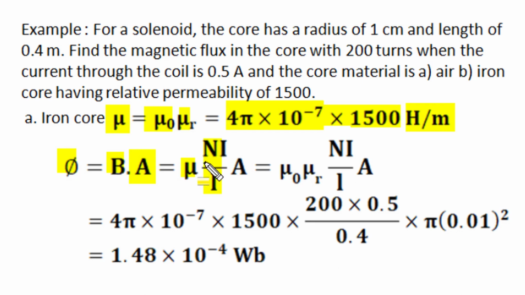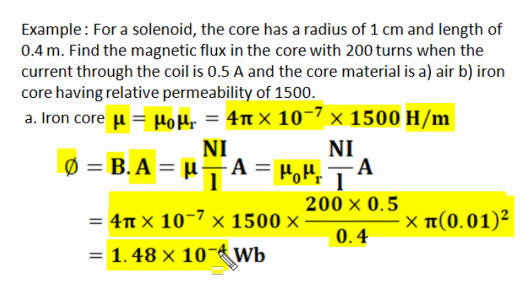It is mmf per unit length, and mu is mu0 mu r. When numeric values are placed for mu0, mu r, number of turns, magnetizing current, length of solenoid, and cross-section area, we get that the magnetic flux is now 1500 times more than in the air condition, an appreciable amount of flux, 1.48 into 10 to the power minus 4 Weber.